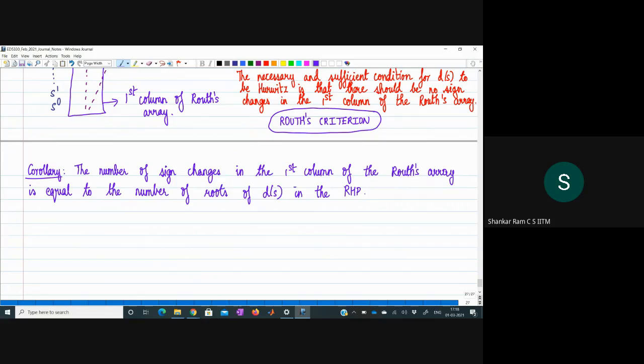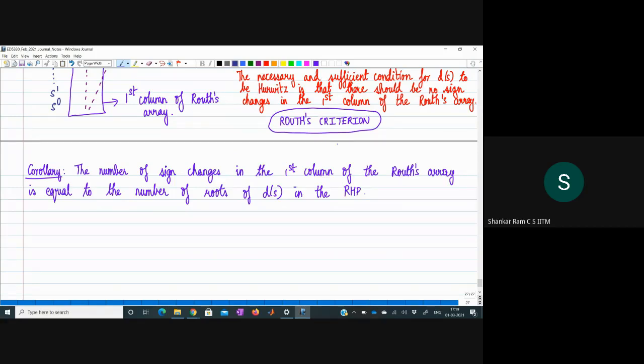If there are sign changes, and we count the number of sign changes in the first column, then that number is equal to the number of roots of the polynomial in the right half of the complex plane. So that's a corollary of this particular condition, the Routh stability.